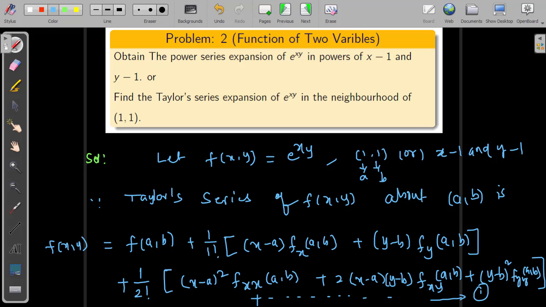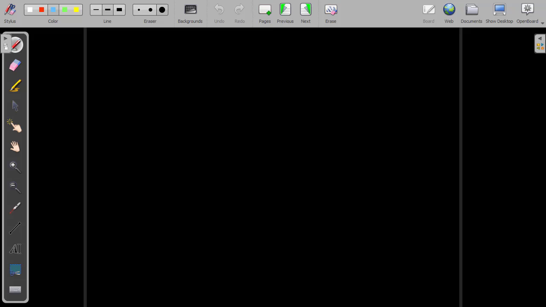Now we need to plug in a comma b. a is 1, b is 1. Since the point a comma b equals 1 comma 1 is given, a equals 1 and b equals 1.